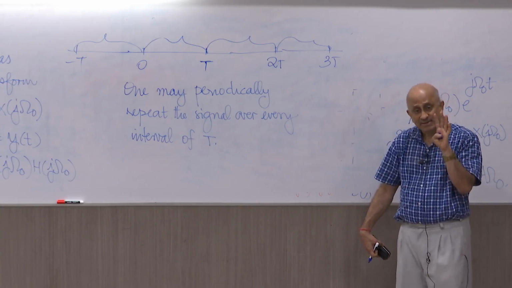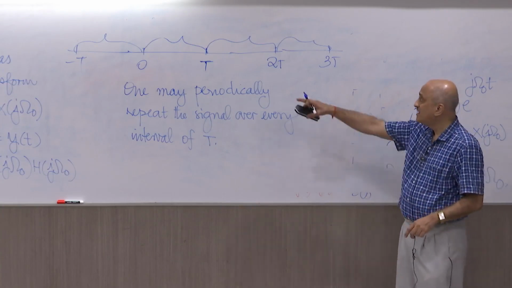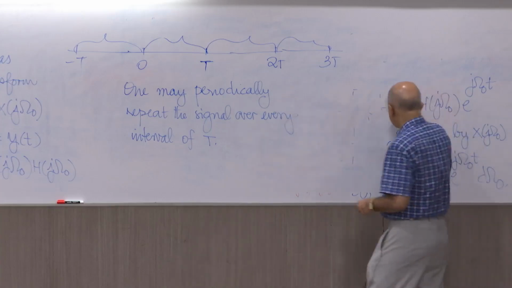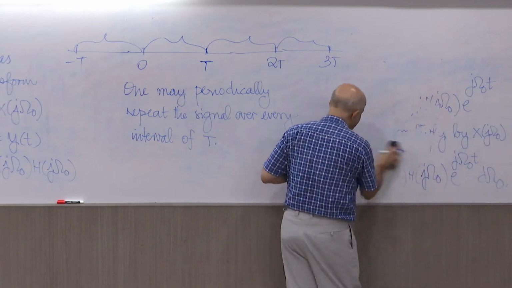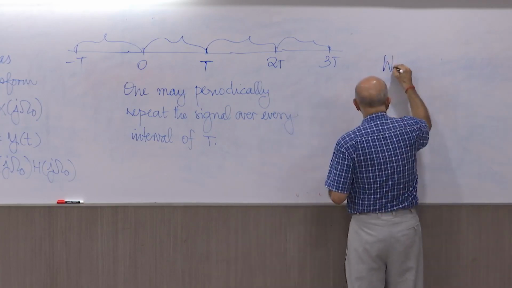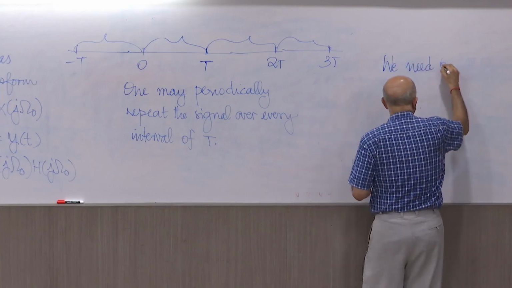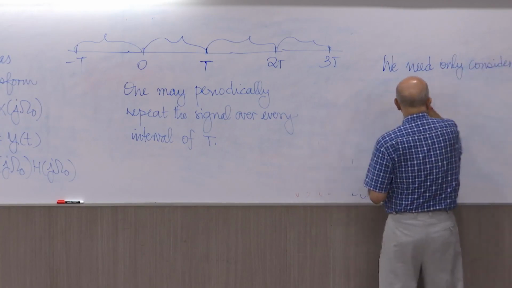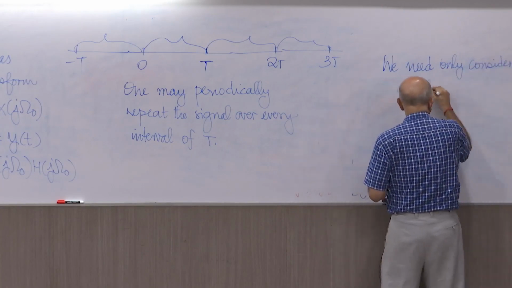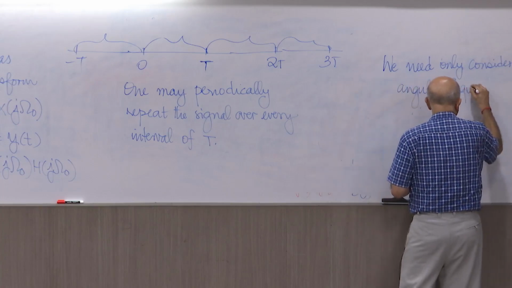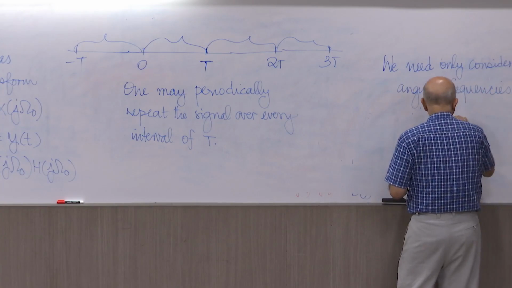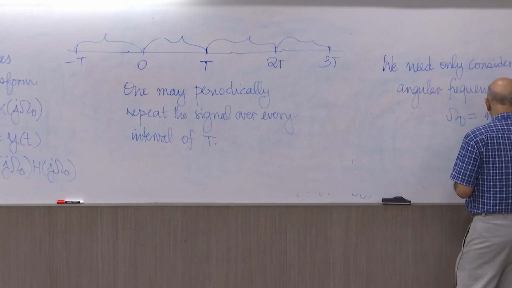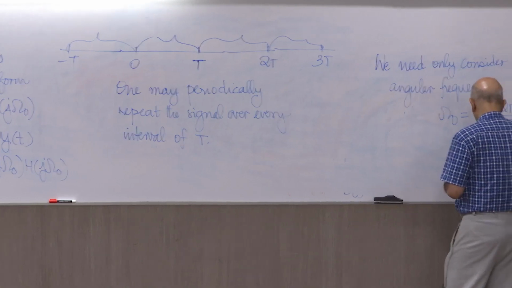I need to consider only those angular frequencies which have multiples or submultiples of this period, which means the frequencies which are multiples of 1 by T. So we need only consider angular frequencies omega naught which are multiples of 2 pi by T, m times 2 pi by T, m integer.